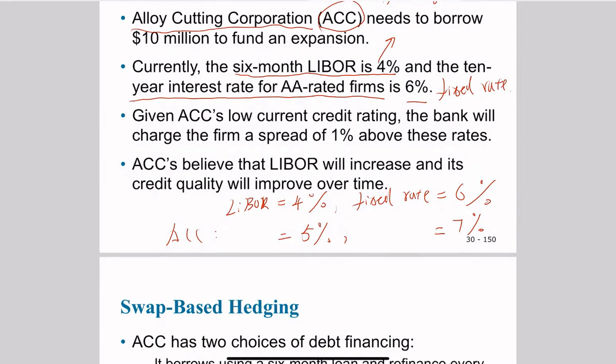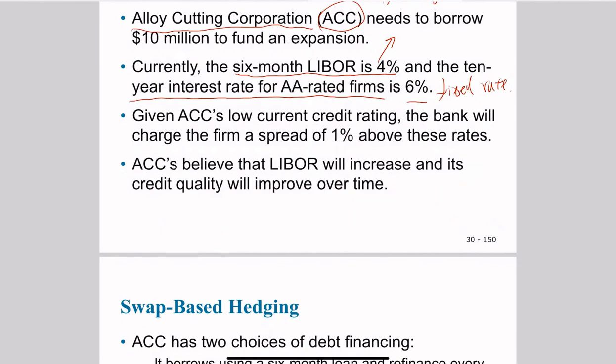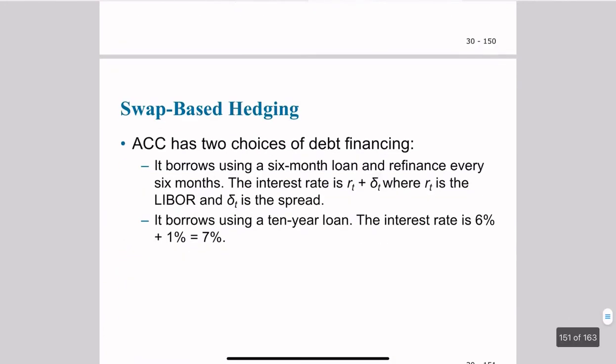The first component is it believes the LIBOR rate will increase, but it believes its credit rating will improve in the future. So this basically means as the firm increases its credit quality, this credit spread will actually decrease, right? Obviously, the firm ACC has two kinds of choices.